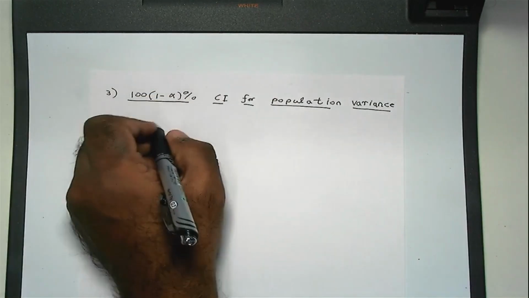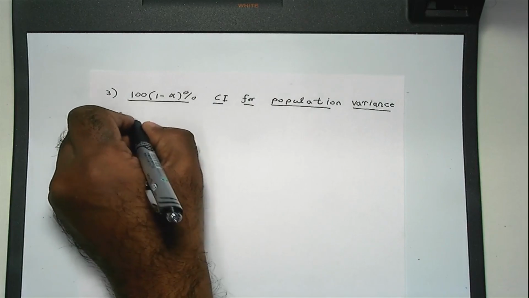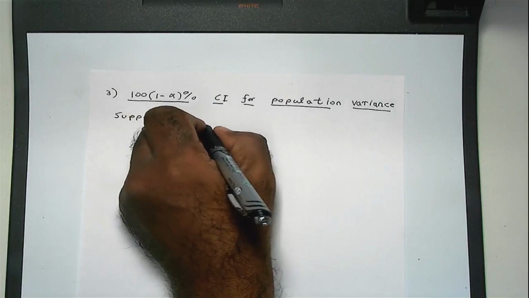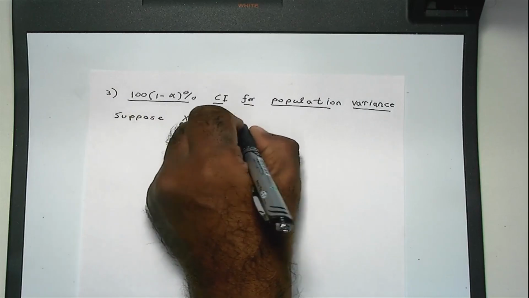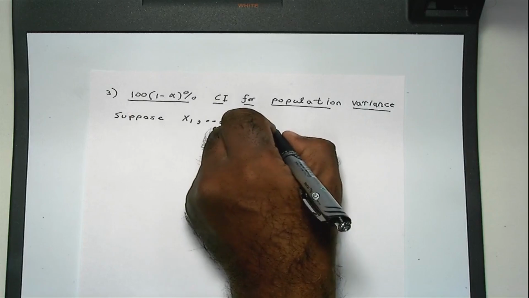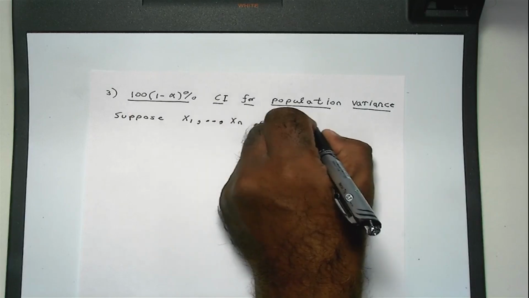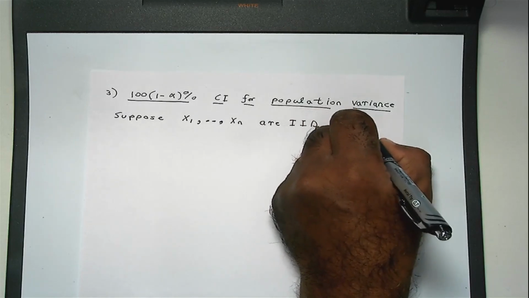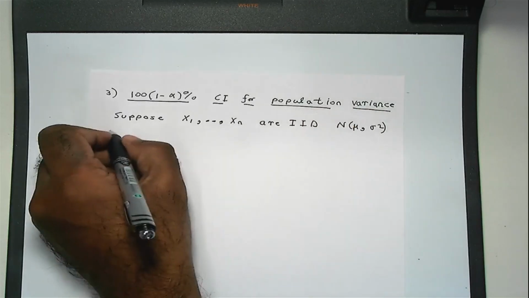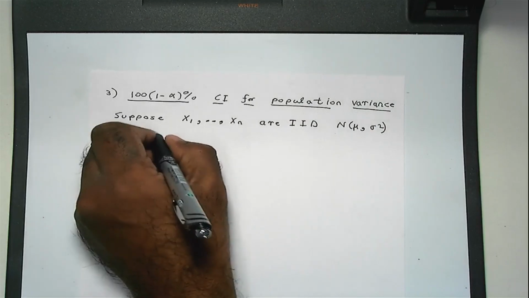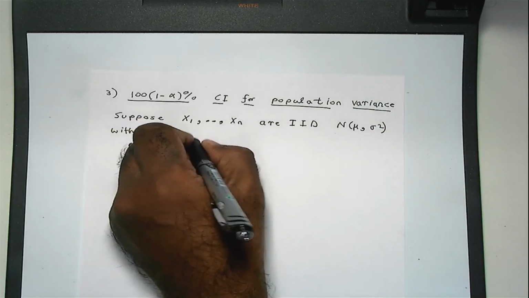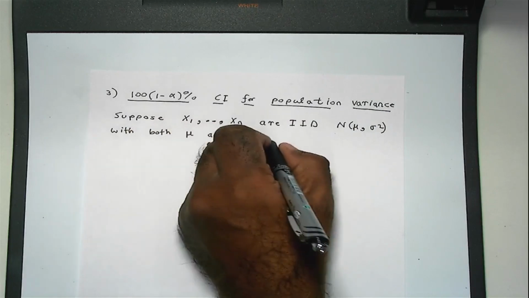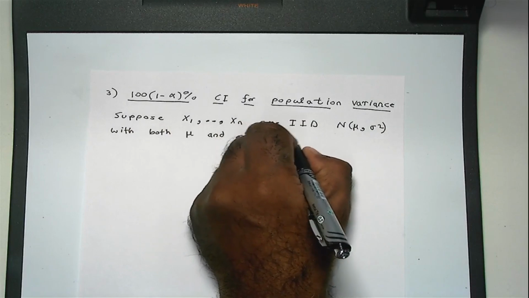I'm going to suppose here that x1 to xn are IID normally distributed with these parameters, where mu is the population mean and sigma squared is the population variance, both unknown.